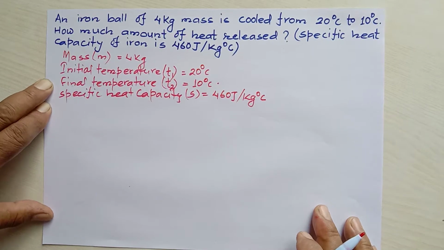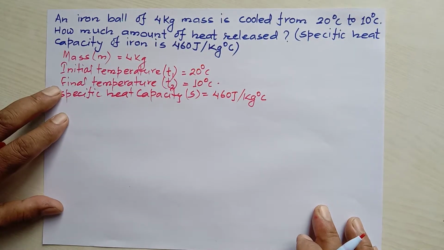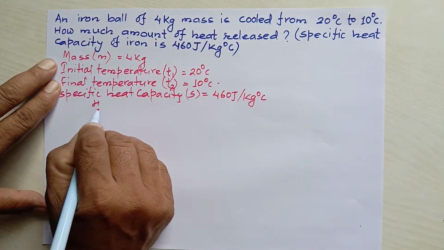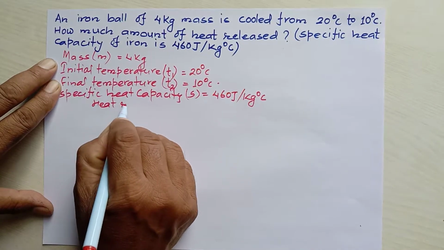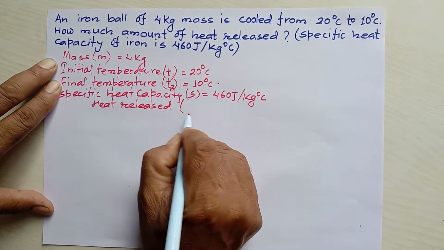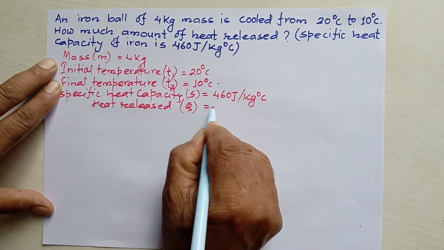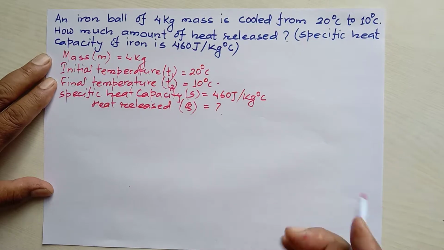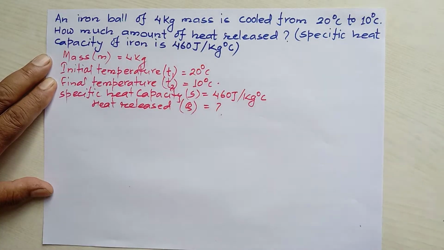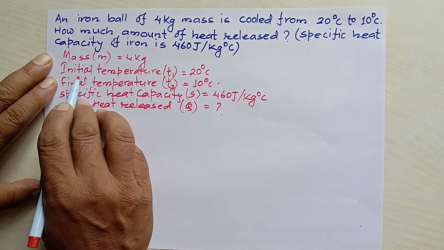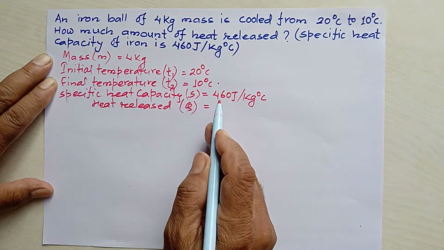Now this is a very simple numerical problem. And what is the question? Question: how much amount of heat is released? Heat released, or we can say quantity of heat, Q is equal to what? Now this is a very simple numerical problem, we can write the equation and directly solve it, or we can go through the initial and final temperature also.